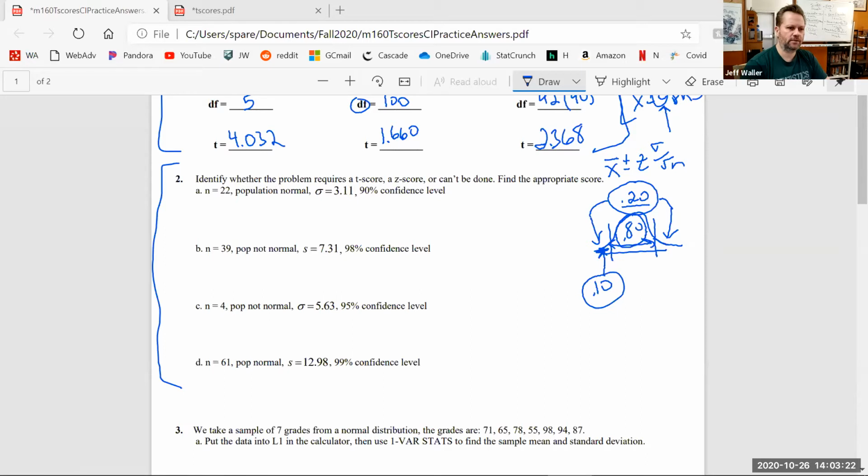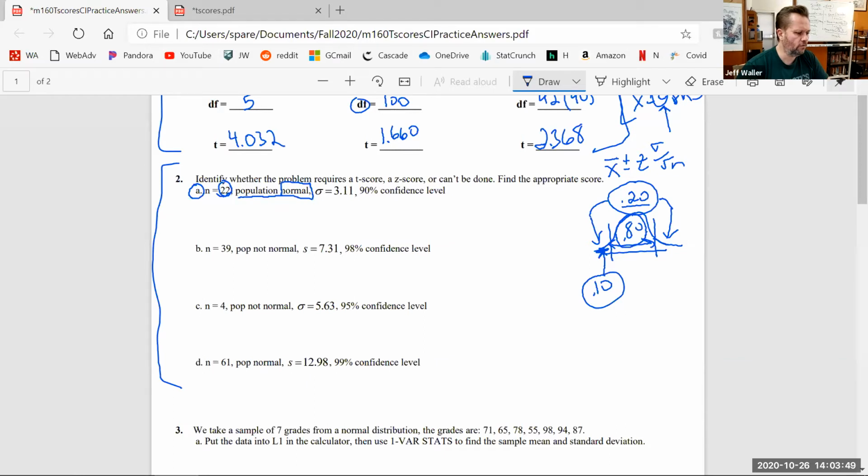Let me see if everybody's catching on here. So part A. Is it okay that n is less than 30? Yes, totally. Why is it completely fine? Because it says it's normal. It's already normal, it doesn't need to be saved.